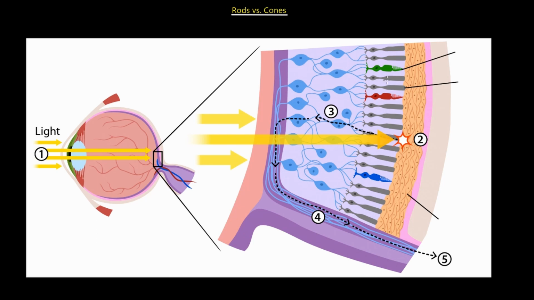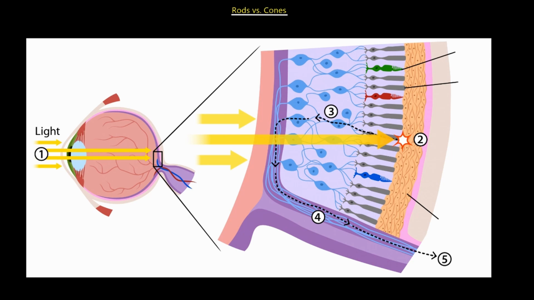Now, as you can see, the rods are much more numerous in number compared to the cones, and it is evident in this image. And what happens is then the information is collected from the rods and the cones in this part 3, and it's going to be connected together, and it's going to be relayed through the optic nerve that is going to exit the eye and go into the brain.